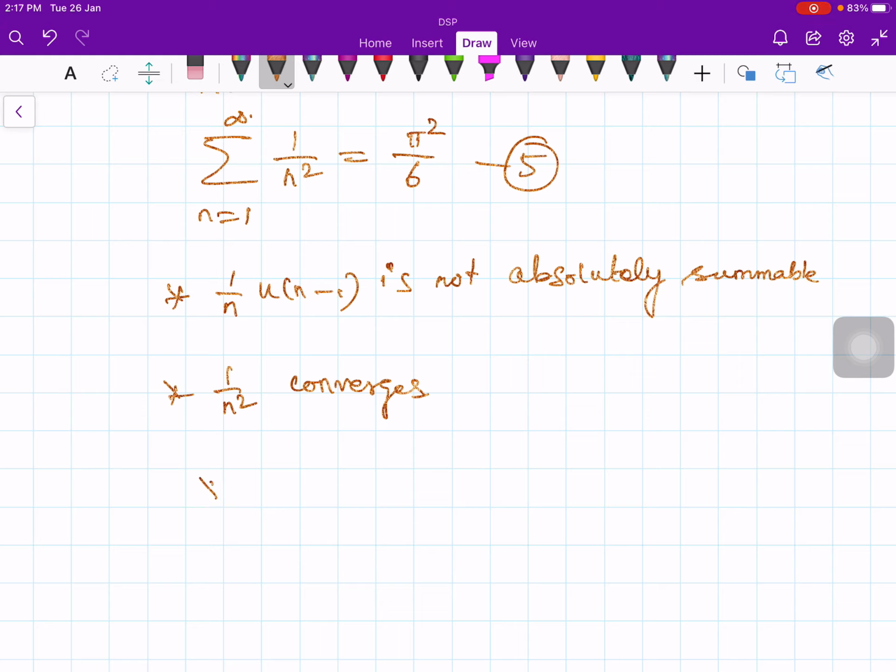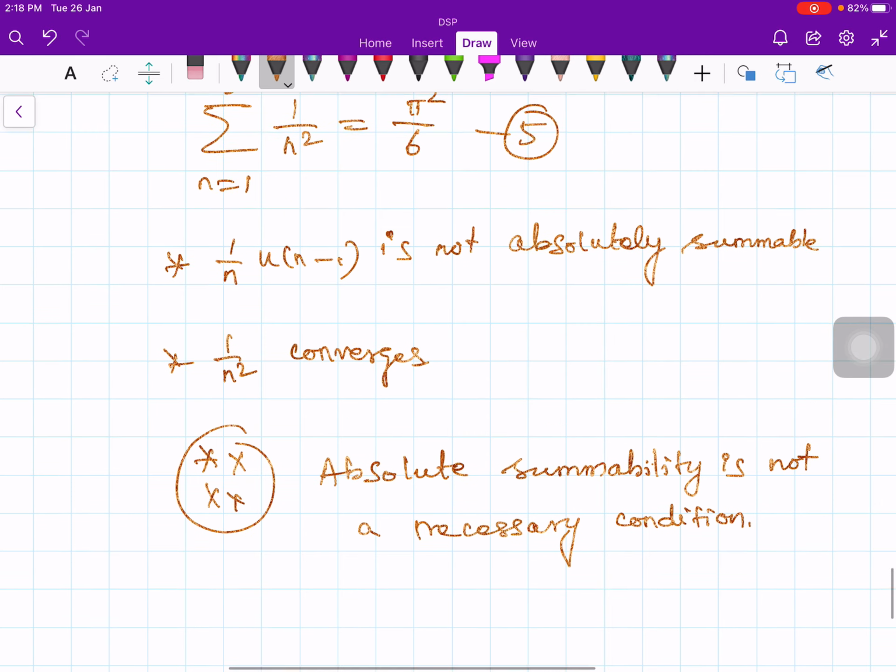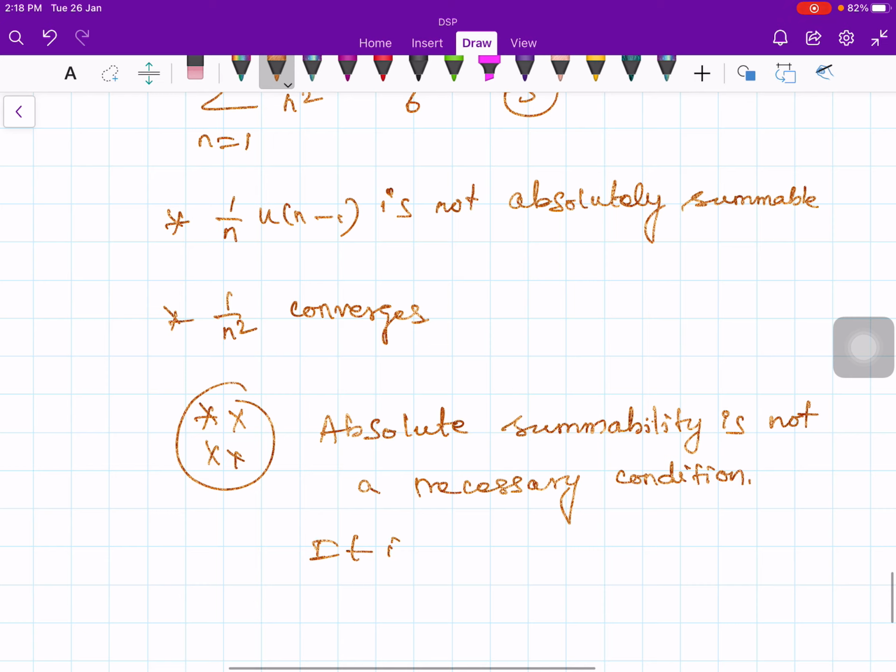The important point is absolute summability is not a necessary condition, it is only a sufficient condition.